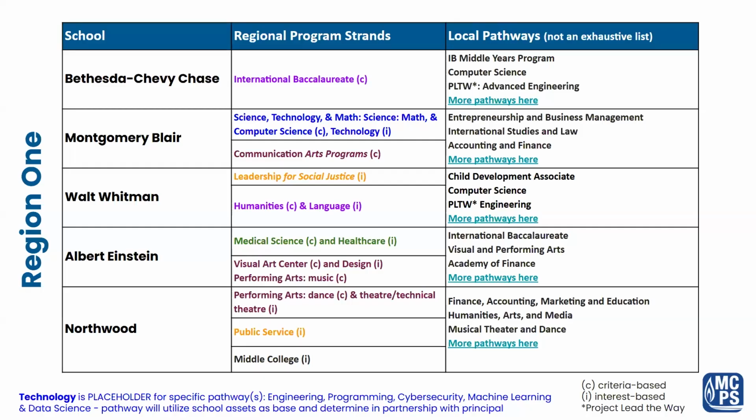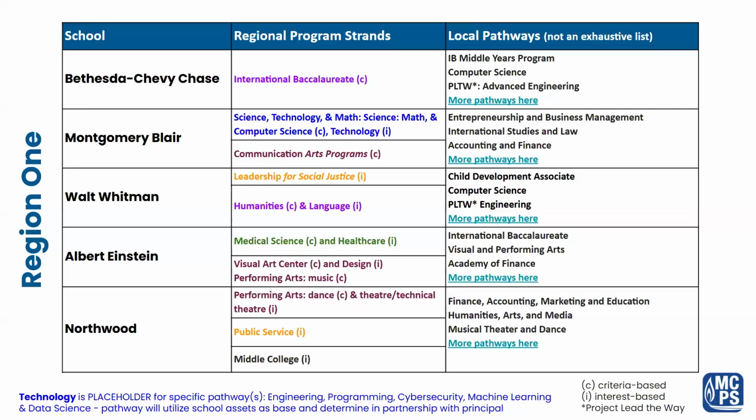So some things to point out on this slide. You see Bethesda Chevy Chase will be the International Baccalaureate Regional Program. Montgomery Blair has the Science, Technology, and Math, which includes the Science, Math, and Computer Science criteria-based program, and a to-be-determined technology pathway. So some of our program themes have multiple pathways so that you have a criteria and an interest-based access point.